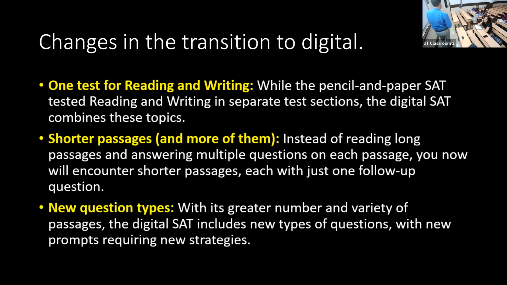The third big change is, and this is something that you will discover and explore as we go ahead in this course, that there are new types of questions. So for example, older SAT had something called command of evidence, which means they'll give you something the author has said, and then they'll ask you which line supports or doesn't support the author, and they'll give you line numbers, 36 page out, 54 page out, 74 page out, and so on.